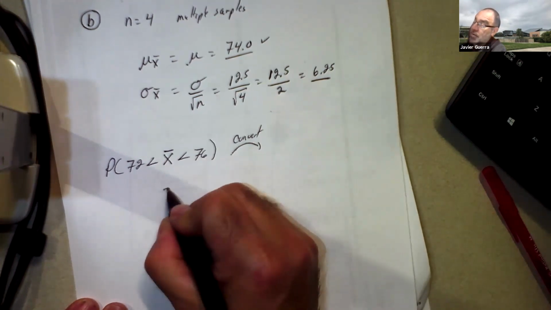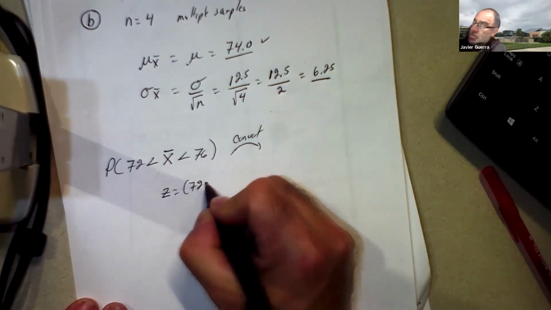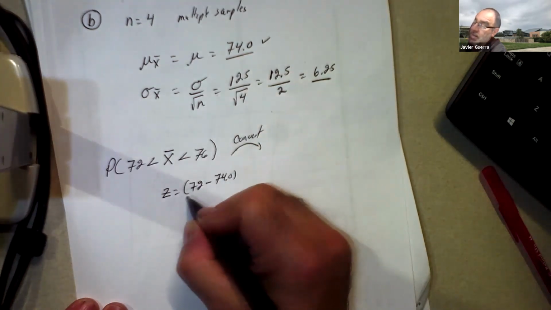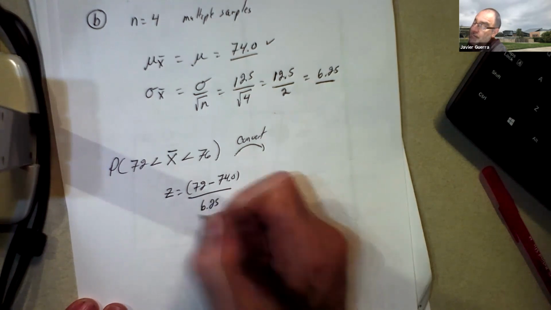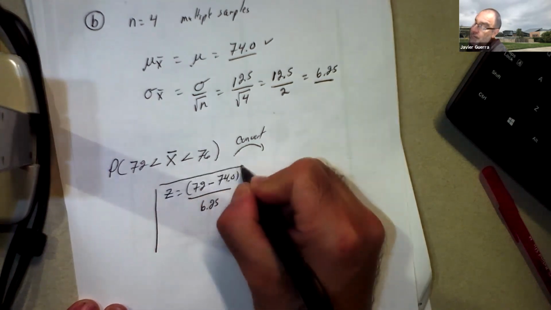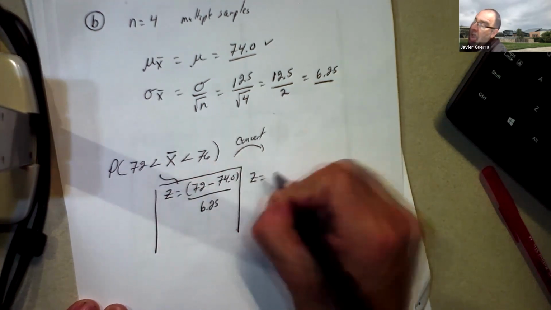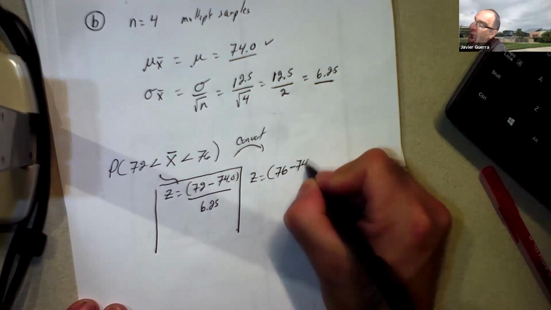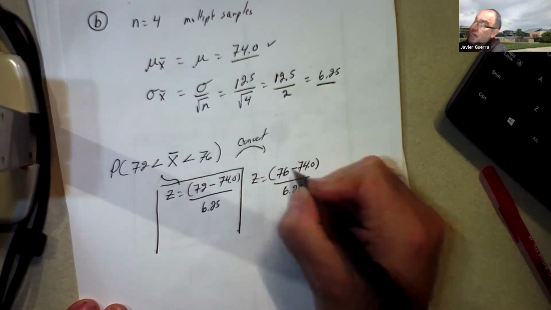So convert. We're going to do my formula. 72 minus 74 divided by 6.25. And the other one is 76 minus 74 divided by 6.25.